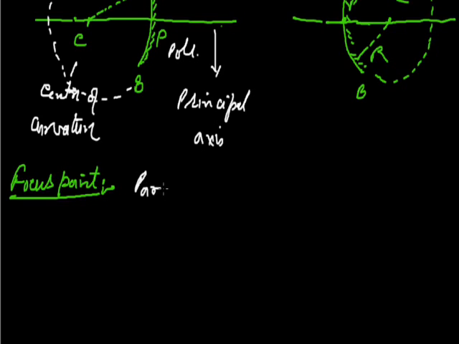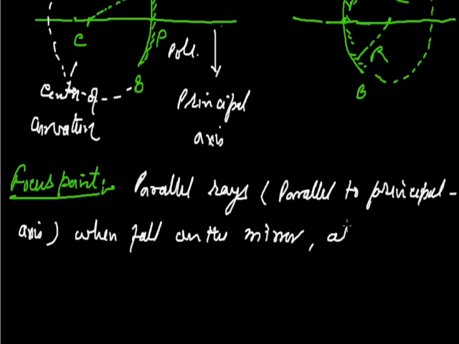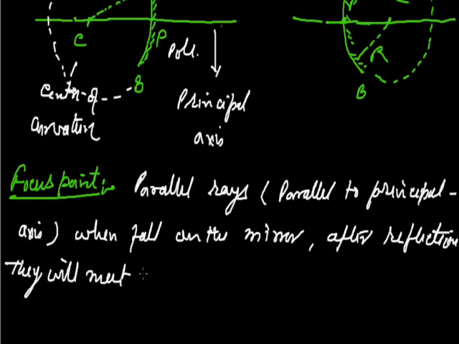Parallel rays, parallel to principal axis, when they fall on the mirror, after reflection they will meet at a point on the principal axis.